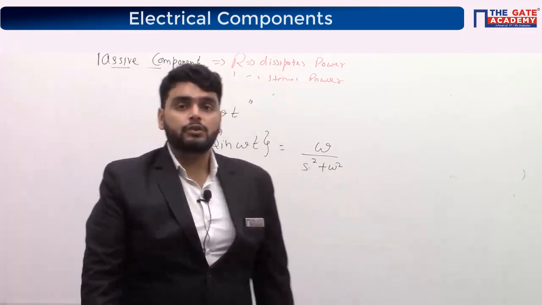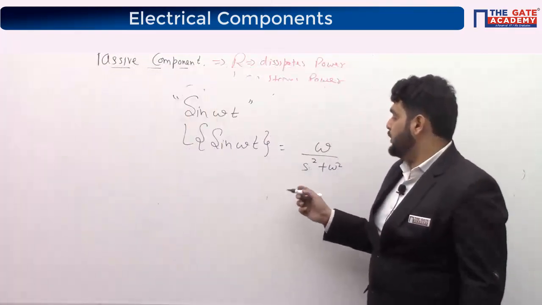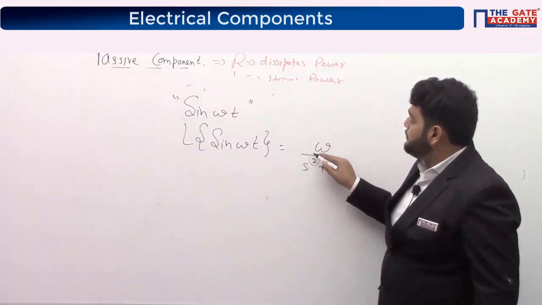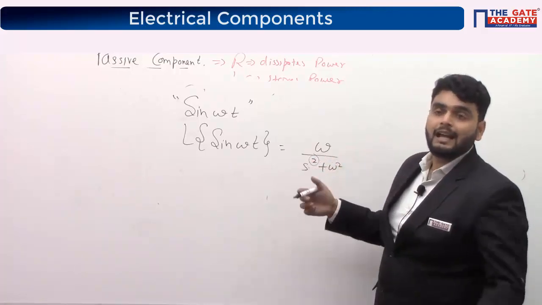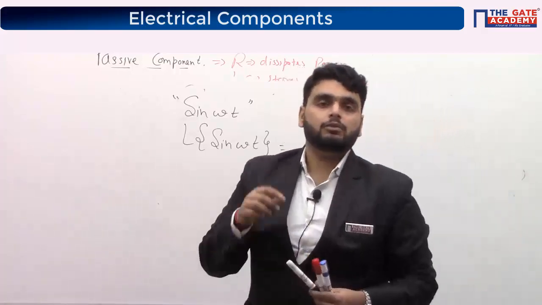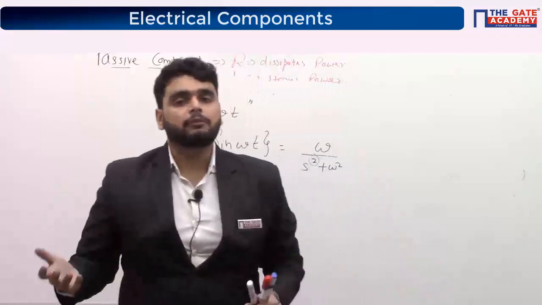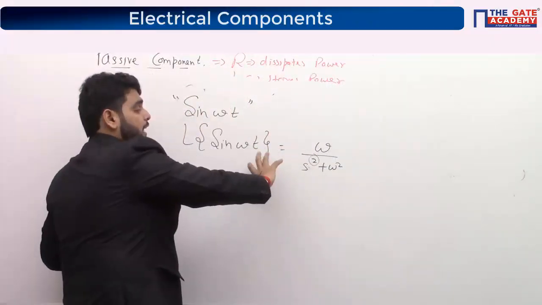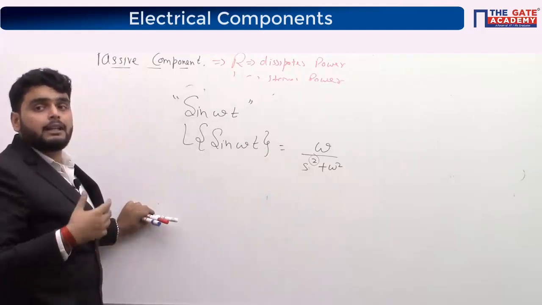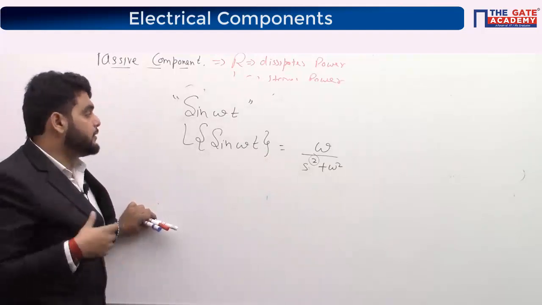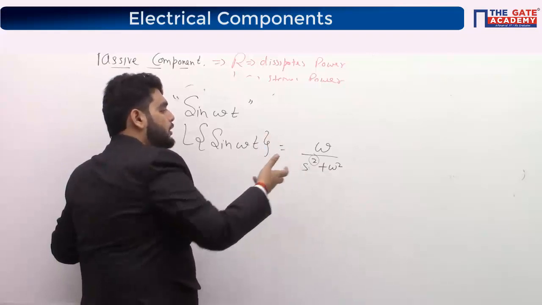Now if we use this equation in our network, so you can see this becomes second order, right? And second order calculation becomes difficult sometimes. Okay, it will be lengthy and it will become difficult. You can use a Laplace domain, no problem. But if you are using Laplace domain in AC signal, you will get a second order equation.